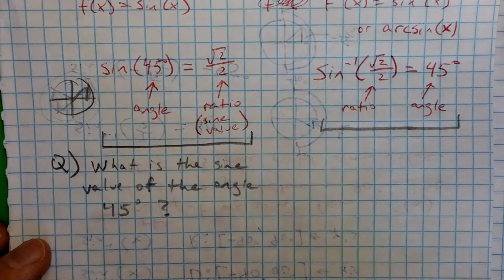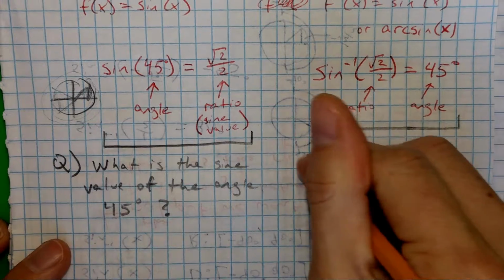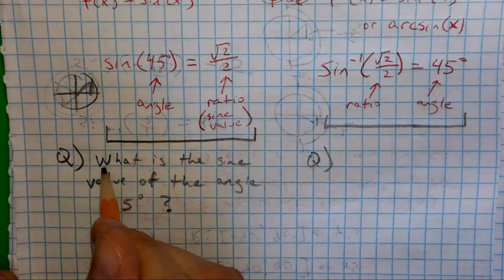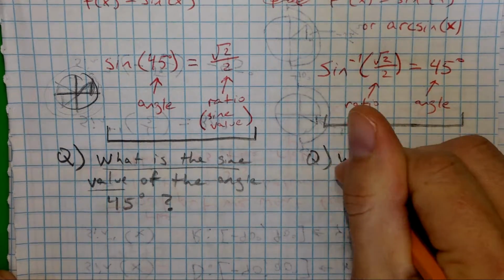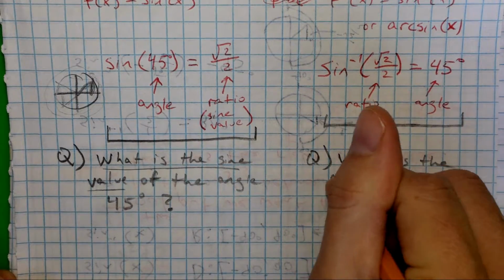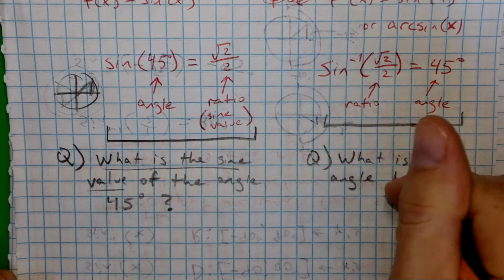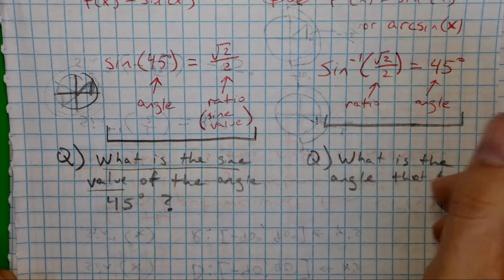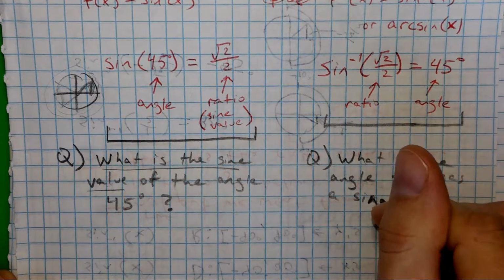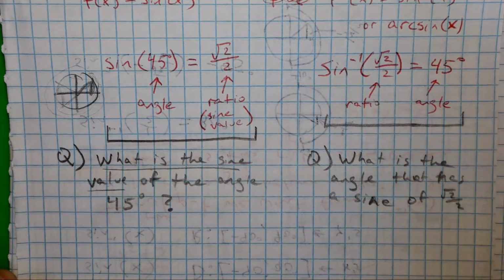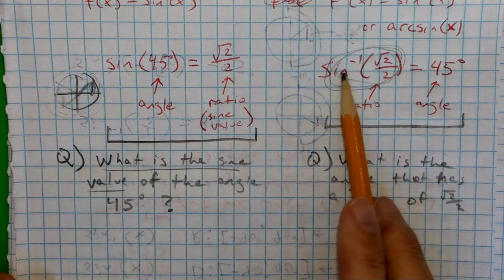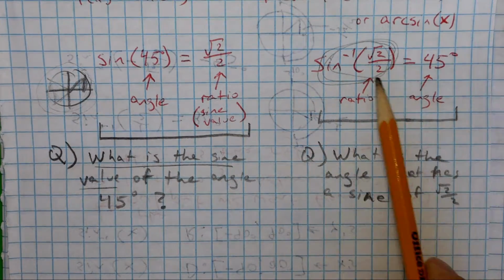And when I see the sine inverse, what I'm asking is not what is the sine value, but what is the angle that has a sine of the square root of 2 over 2 in this case? So that's what this is asking right here. What angle has a sine ratio of the square root of 2 over 2? And your answer is going to be this angle.